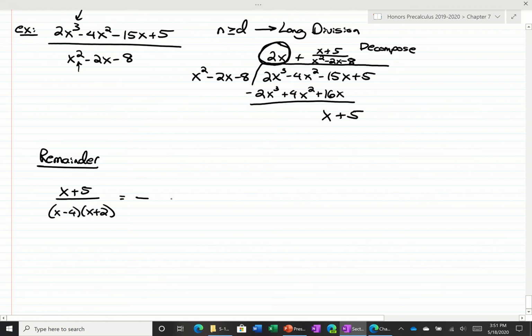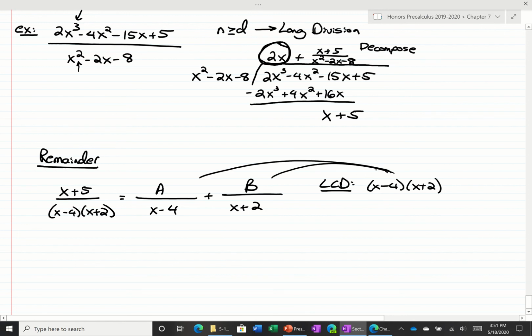And we'll break that up like we know how to do. We'll write x minus 4, we'll write x plus 2. I have A and B here. The LCD is x minus 4 times x plus 2. So we get x plus 5 is equal to A times x plus 2 plus B times x minus 4.